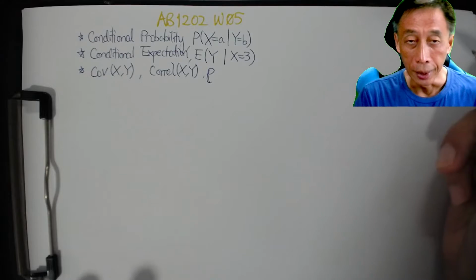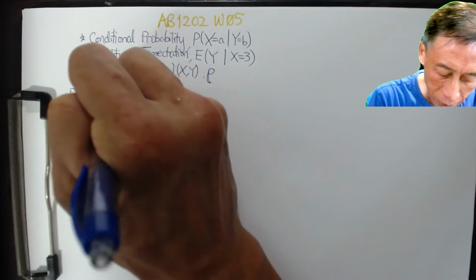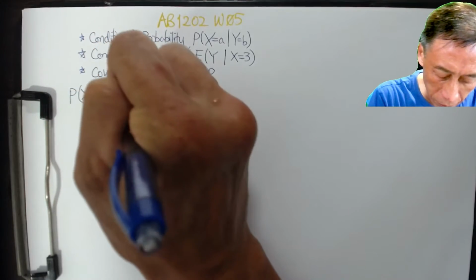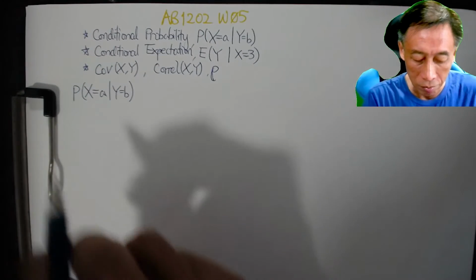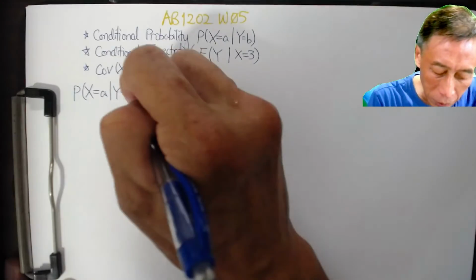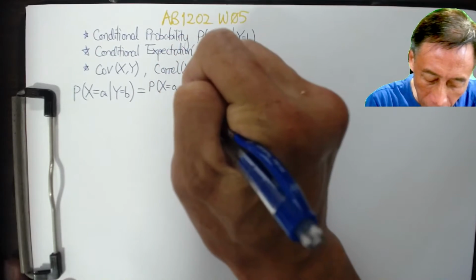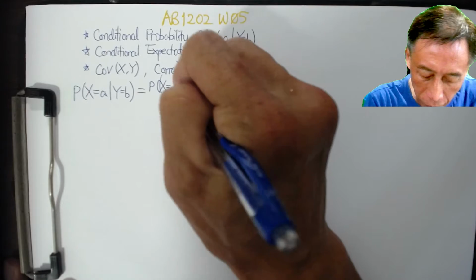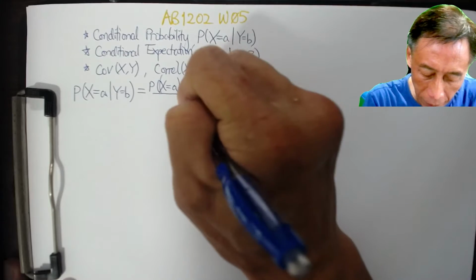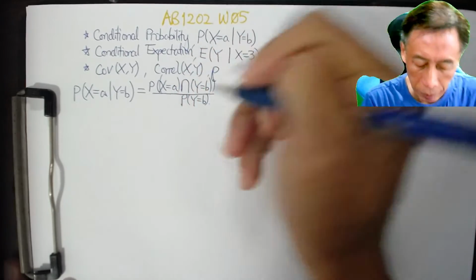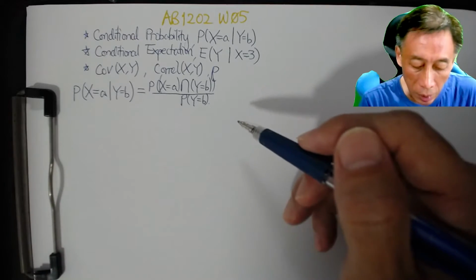All right, first things first, recall what is the conditional probability of x equals A given that y is equal to B. We did a very extensive explanation of this, being equal to the P of x equals A, and if you are afraid of confusion, you can put a bracket, y equals B, divided by P of y equals B. Because here we are dealing with probabilities and deriving the formulas, we have no choice.